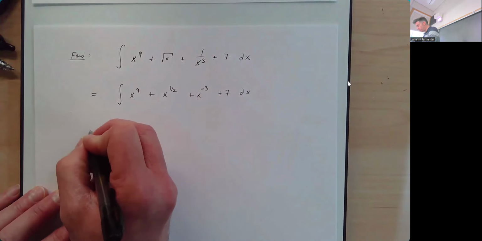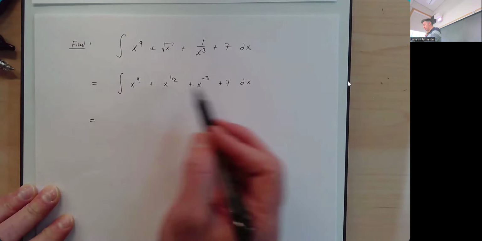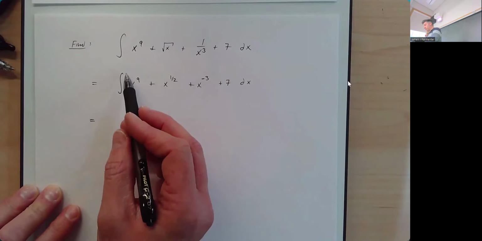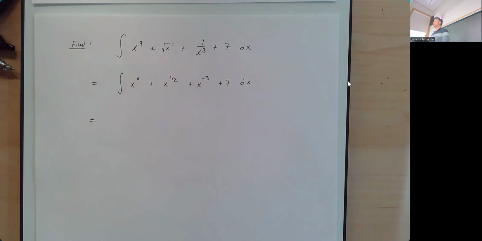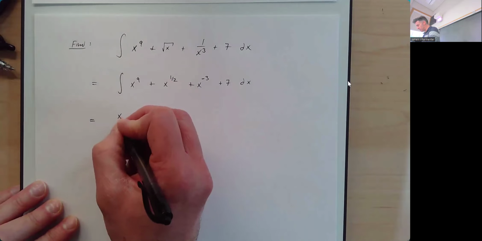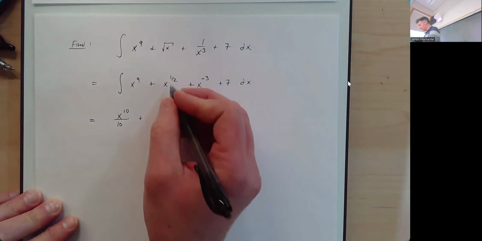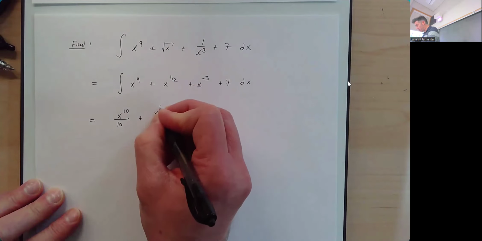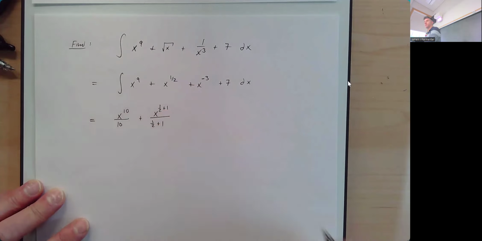So now we're going to anti-differentiate, which is what this symbol is telling us to do, right? This curly looking thing and this dx, those are just instructions telling us to find the antiderivative. And now we're going to follow the instructions so we no longer need to write them. The antiderivative of x to the 9th is x to the 10th divided by 10. The antiderivative of x to the 1/2 is x to the 1/2 plus 1 divided by 1/2 plus 1.